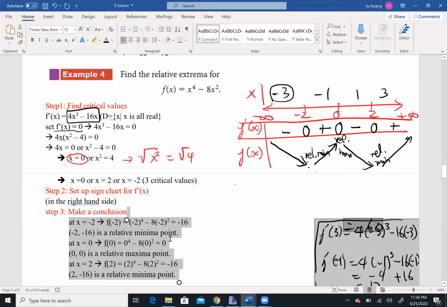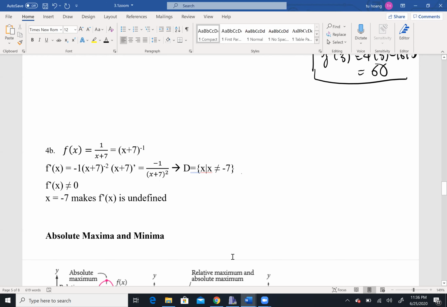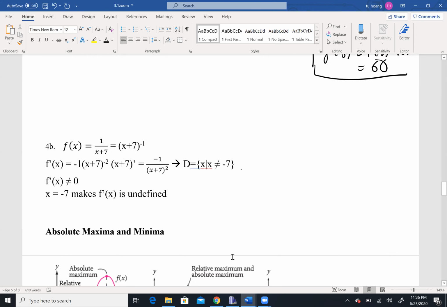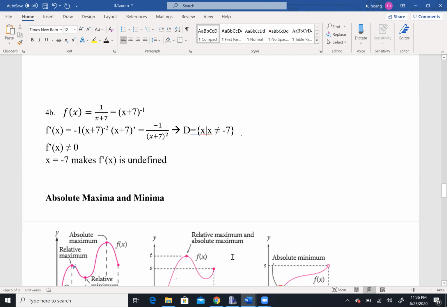Now I'm gonna move to the next one. I'm gonna talk about example 4 here. I don't know why I have 4b.